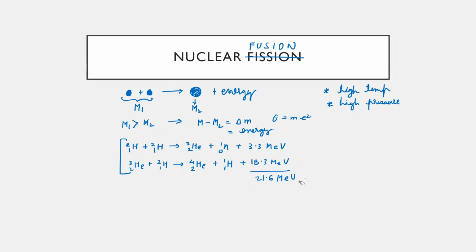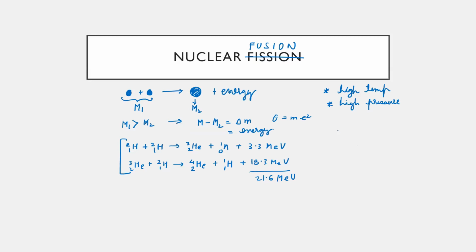Of course, 21.6 mega electron volt is less compared to 190 mega electron volt of one uranium nucleus. But if you have equal mass of uranium and equal mass of hydrogen, then the number of atoms of hydrogen will be much greater. Therefore, there will be more fusion reactions taking place, which will in turn give rise to a lot of energy.